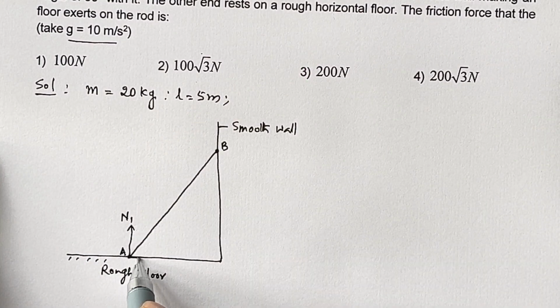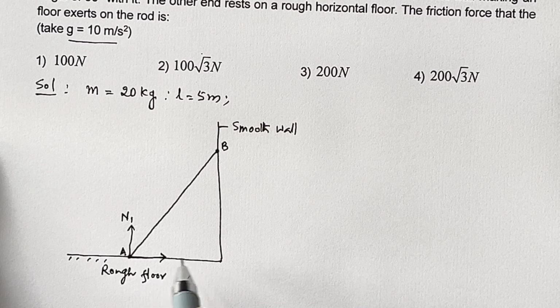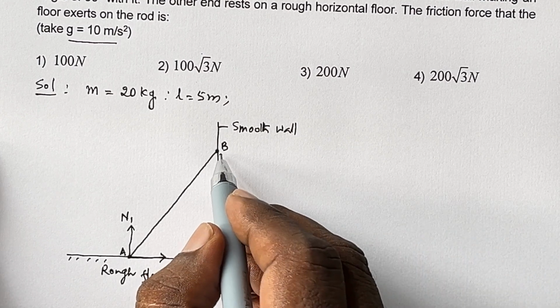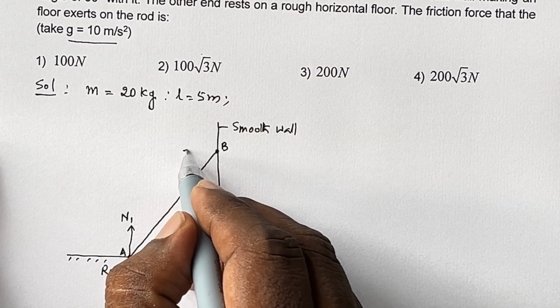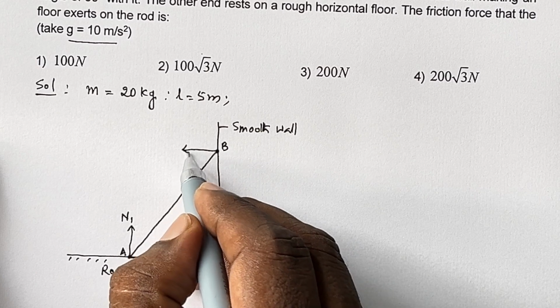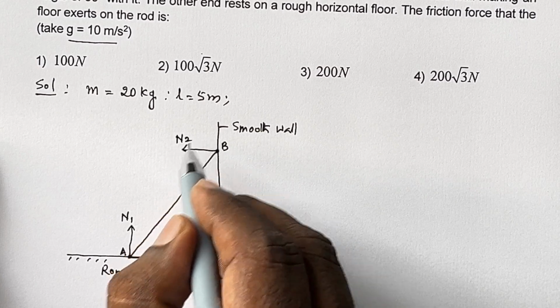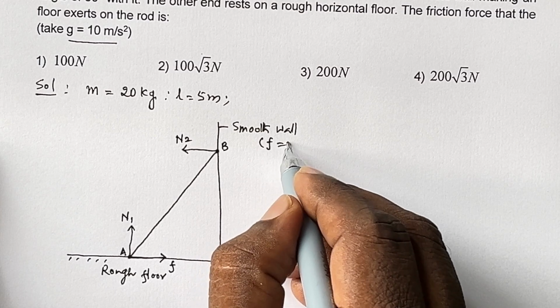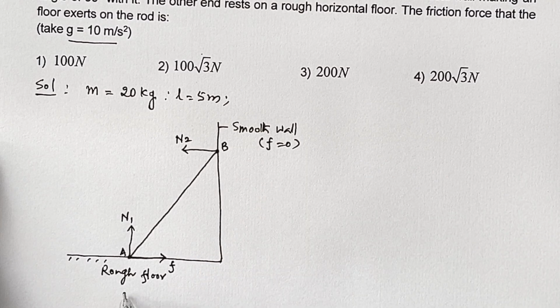Immediately, frictional force tries to stop that action. So this is the direction of frictional force. When we place the rod on a smooth wall, this is the direction of normal force acting. Here, smooth wall means frictional force is equal to 0. The frictional force on the rough floor we have to calculate.